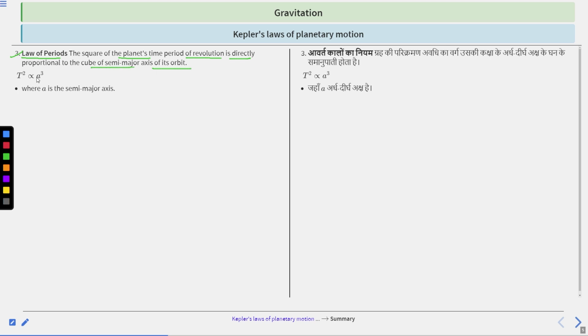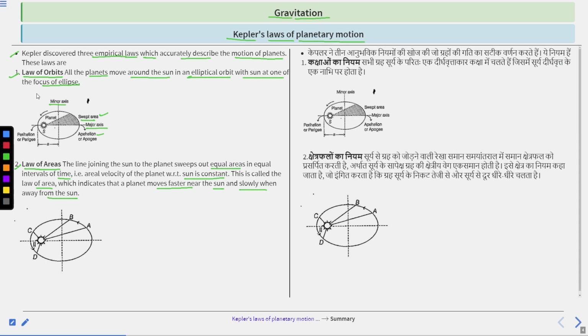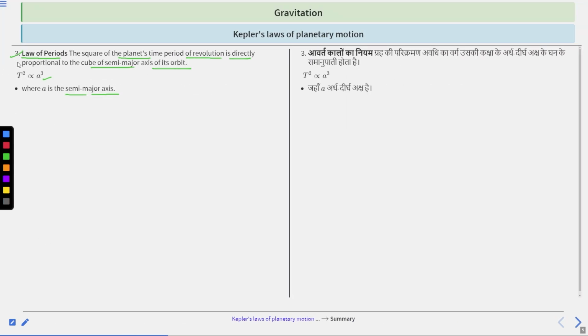So T squared is directly proportional to a cubed, where a is the semi-major axis and T is the period. Clear? So this is the first law, law of orbits; this is the second law, law of areas; and this is the third law, law of periods. Clear?